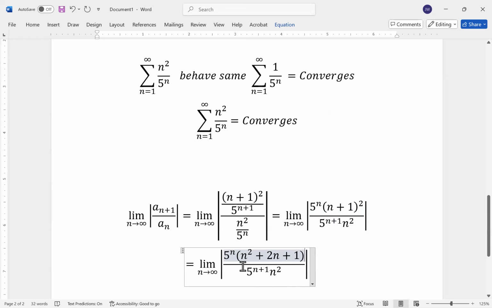Notice that the real key there is that we have an n squared. And then on the bottom, 5 to the n plus 1 is 5 to the n times an extra copy of 5. And all of a sudden, this 5 to the n and that 5 to the n will cancel out.